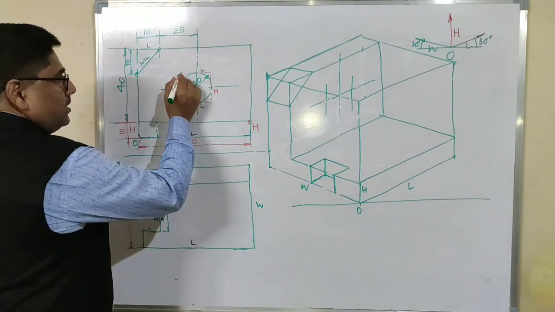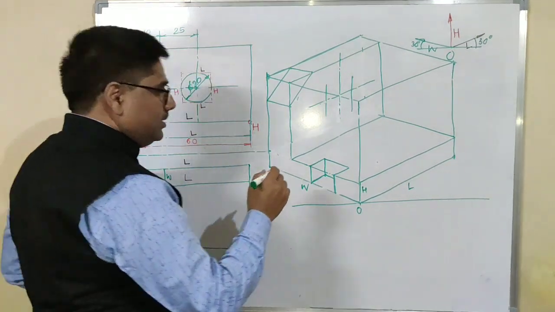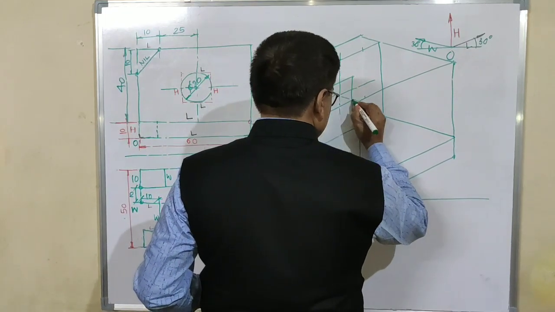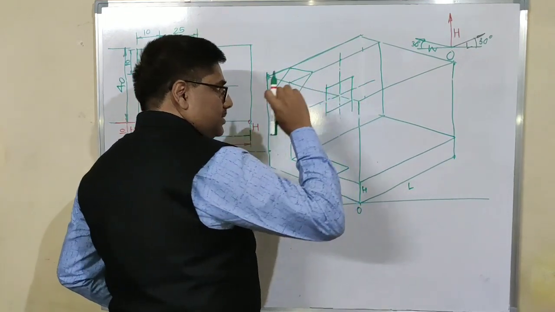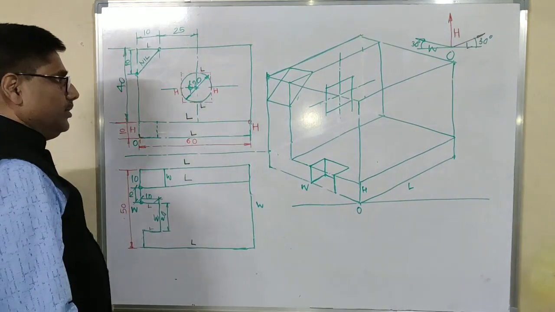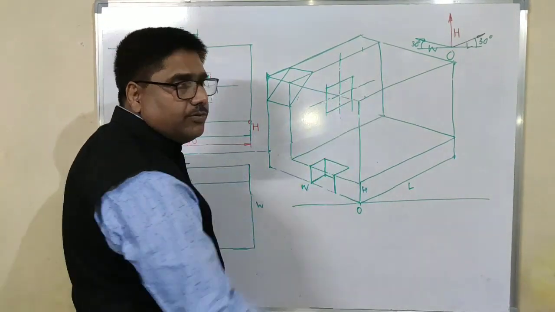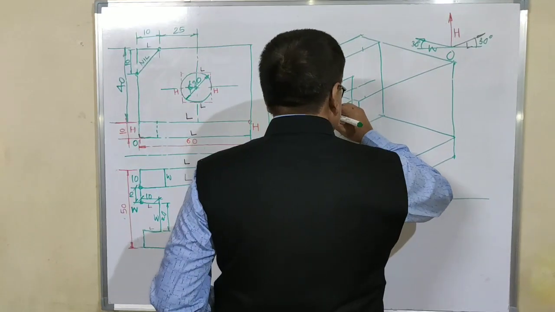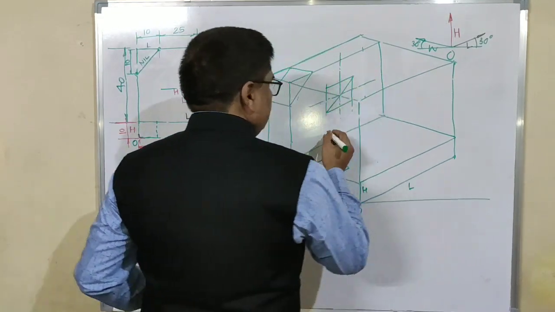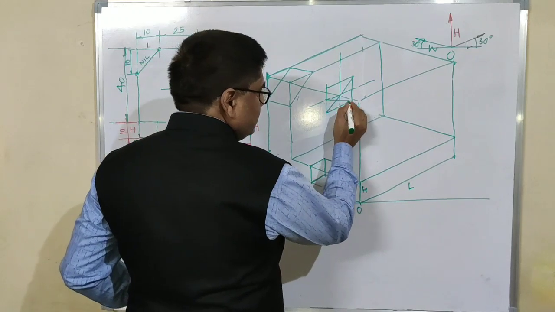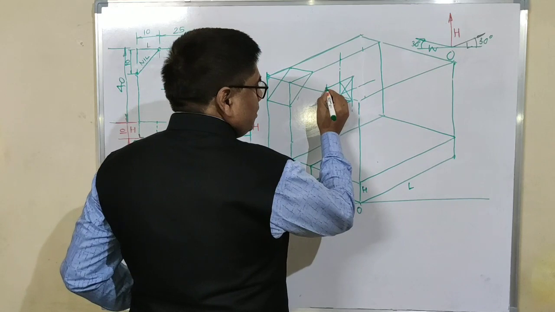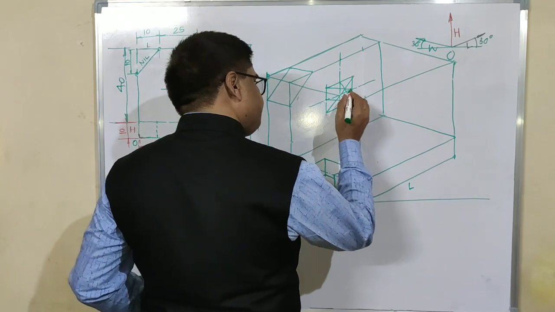Now let's draw these two lines parallel to length at 10 mm distance. The side of the rhombus is equal to the diameter of the circle. Now then draw the longer diagonal first. Join corner with midpoints.